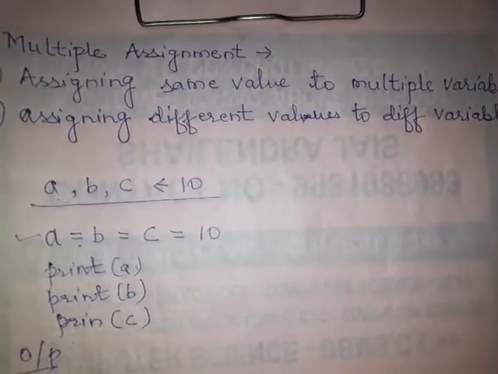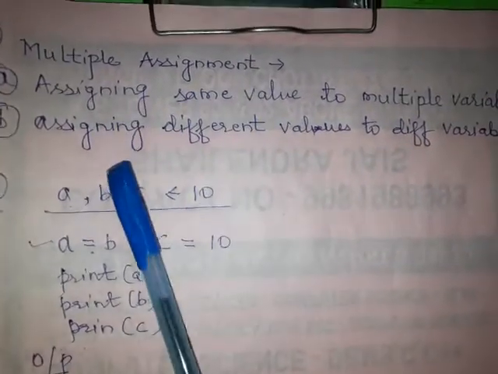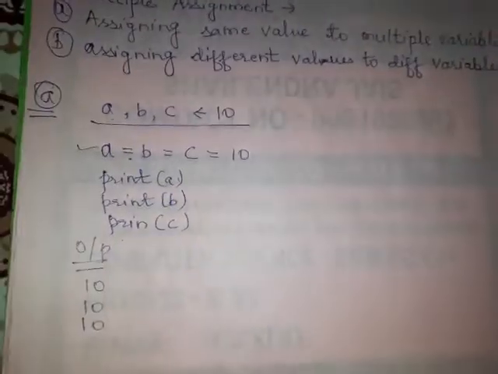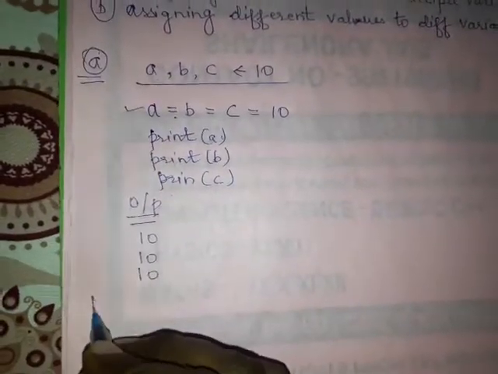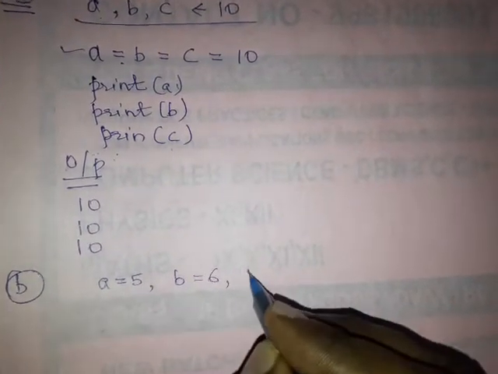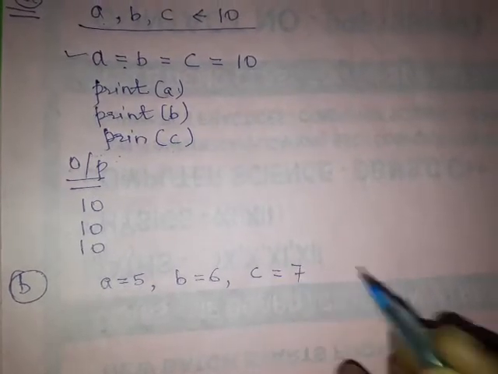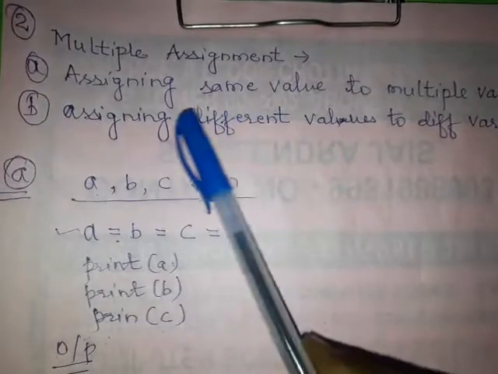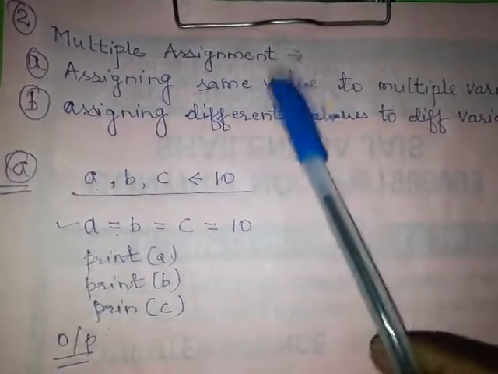Okay, now if you want to assign different values to different variables, let us see what this case is. Suppose I want to assign A equals 5, B equals 6 and C equals 7 in a single statement.